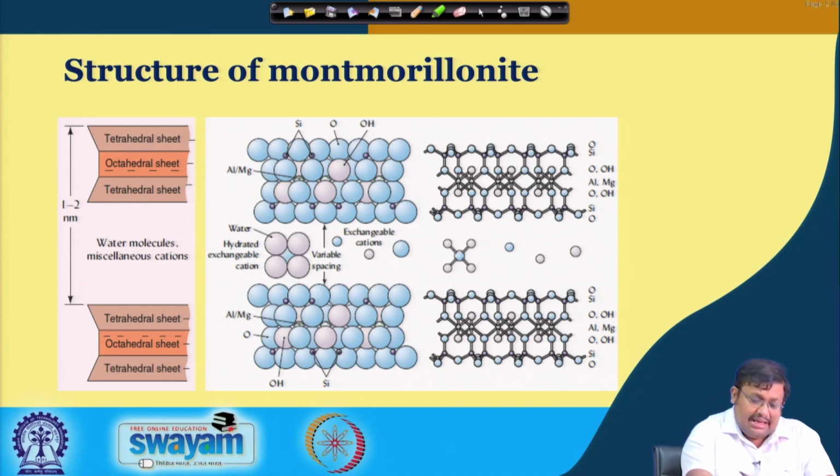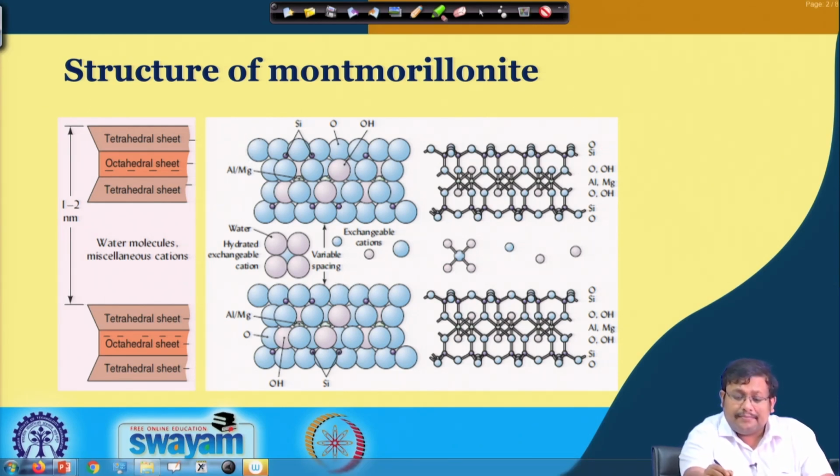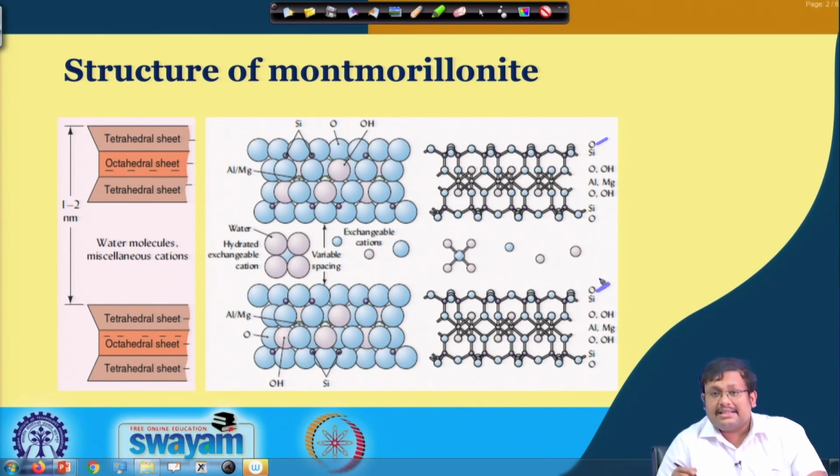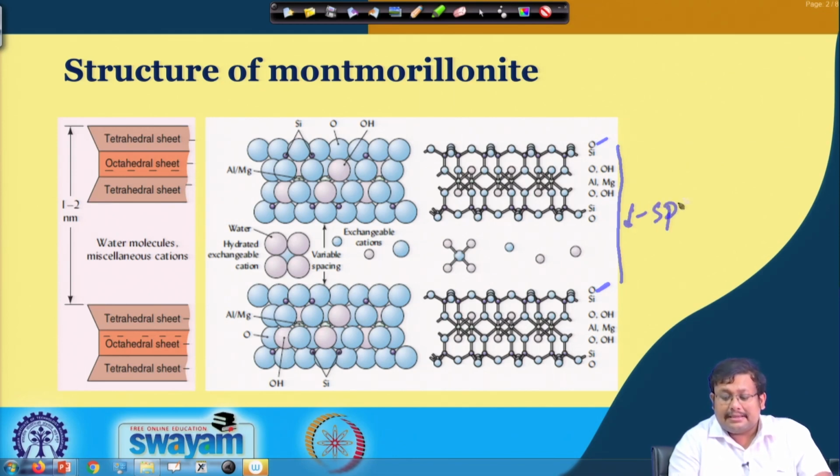So, here you see these are two adjacent layers, and in this adjacent layer, if we consider this is the top layer of oxygen, then the repeating top layer of oxygen will be found here in the next adjacent layer, and this linear distance between these two repeating similar layers of atoms is called the d axis spacing.